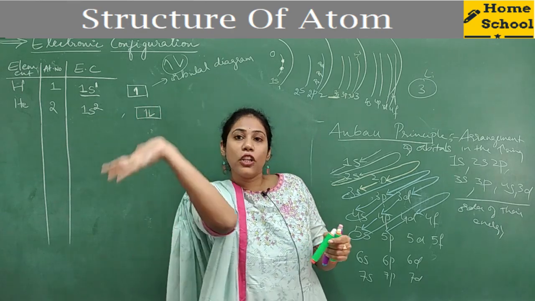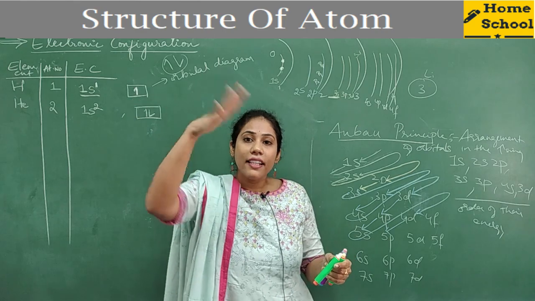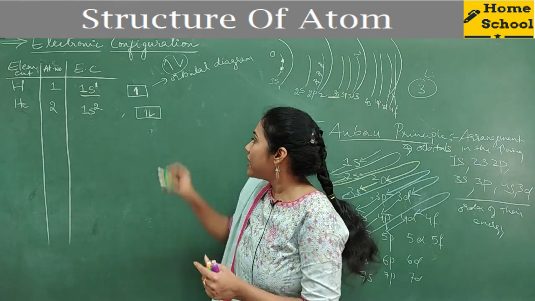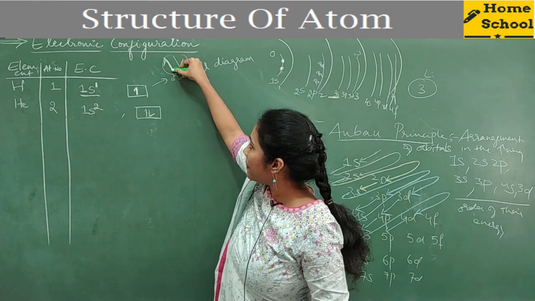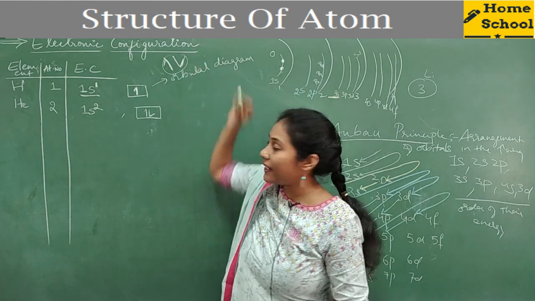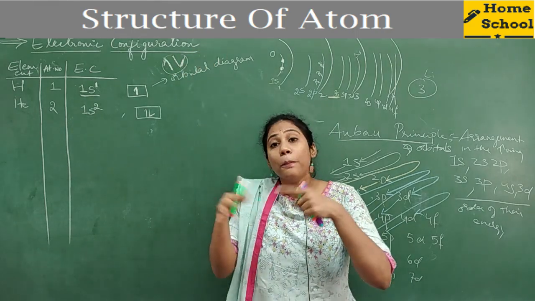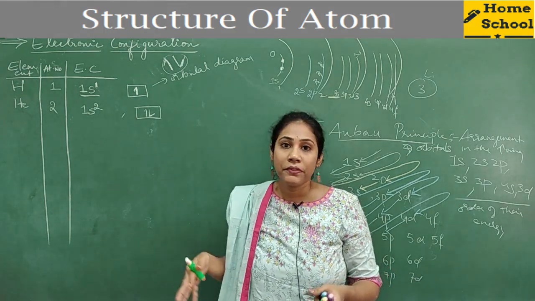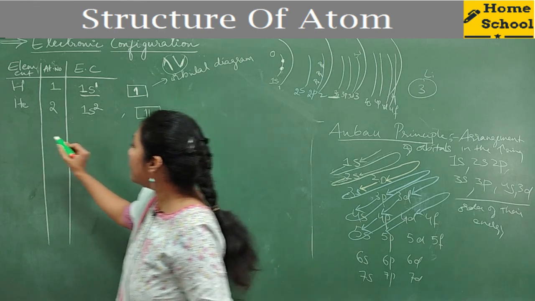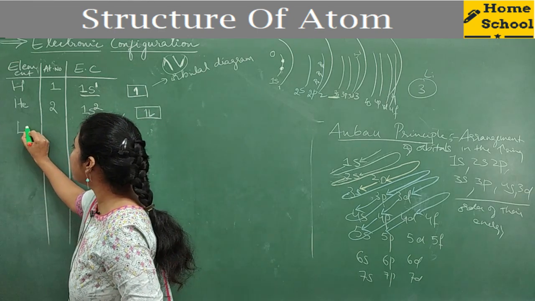That's why the 2 are opposite: if you represent one electron like this, the other one you will represent like this, indicating that both have different orientations, I mean different spins.